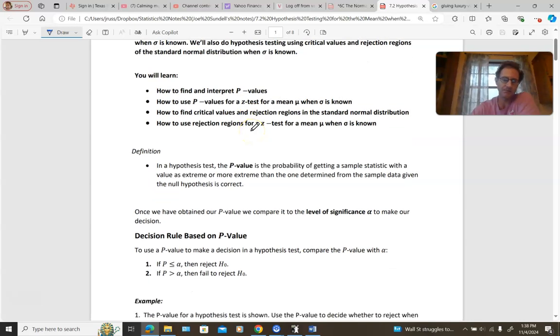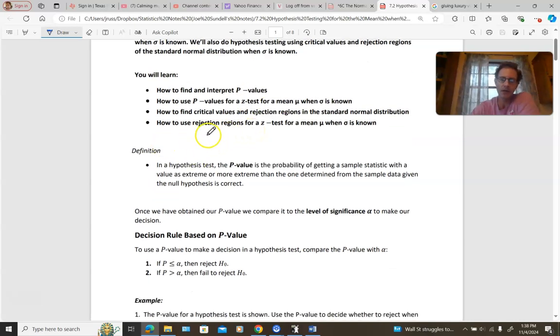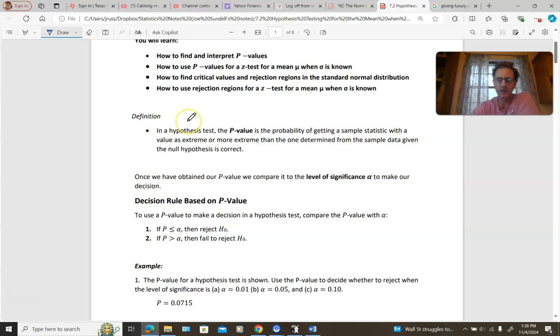All right, so I mentioned this earlier in 7.1, but in a hypothesis test, the p-value is the probability of getting a sample statistic with a value as extreme or more extreme, okay, than the one determined from the sample data, if the null hypothesis is correct, okay.